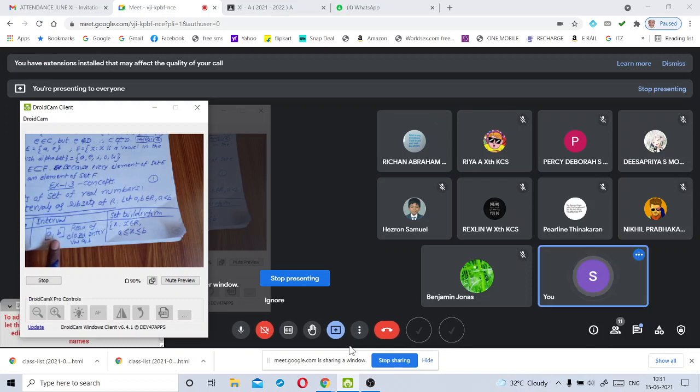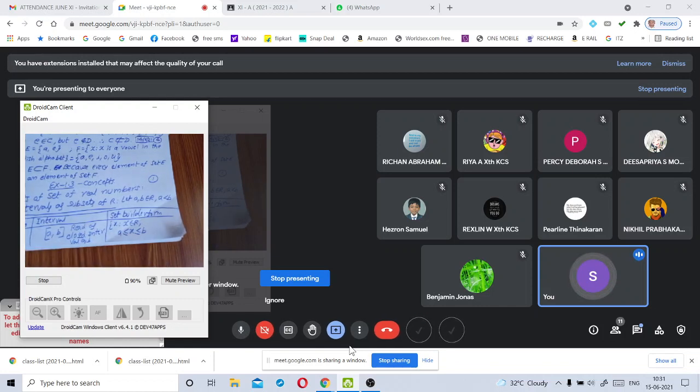Closed interval A comma B. Okay, this is read as closed interval A comma B, and the set builder form is the set of all x such that x belongs to R, A less than or equal to x, less than or equal to B.